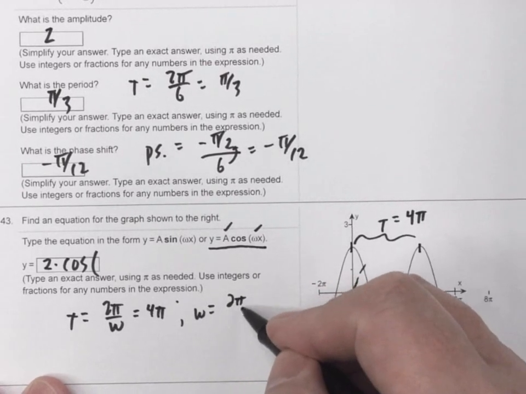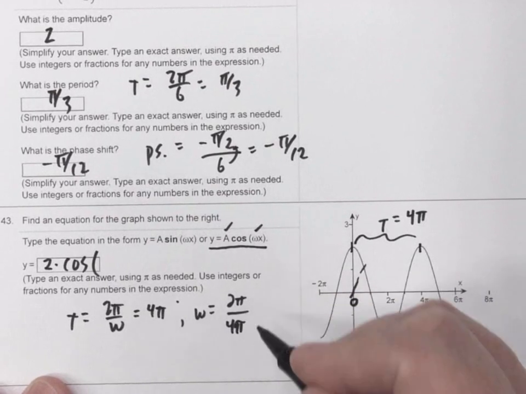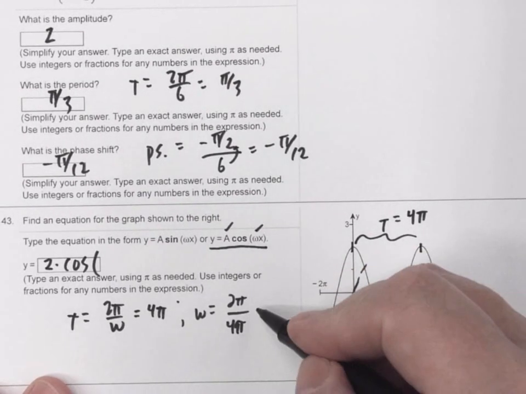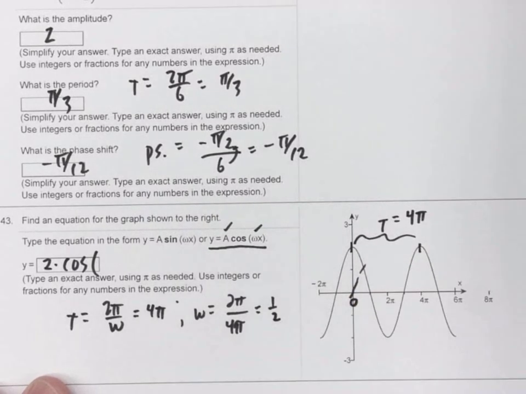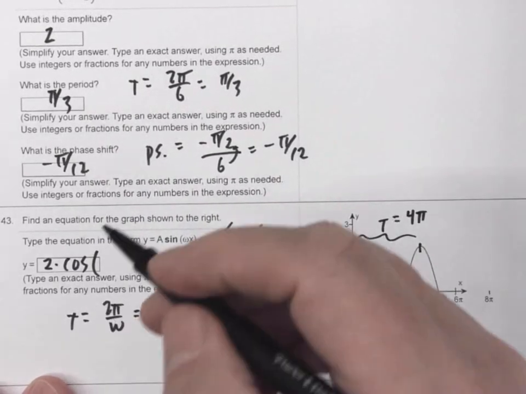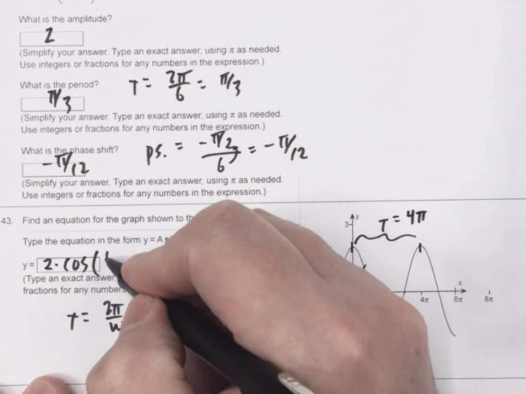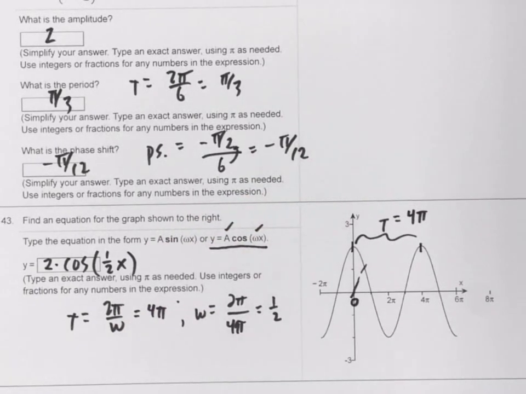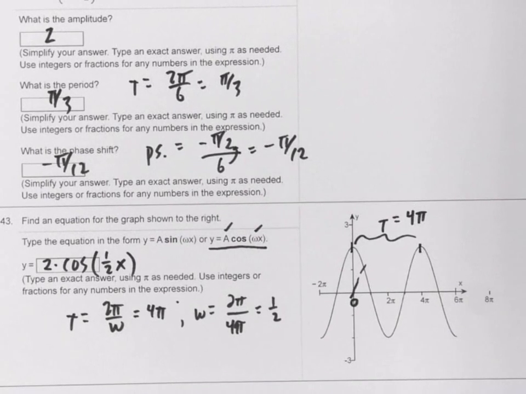When you do that, you do a little bit of algebra, you end up with omega was 2 pi over 4 pi. That's actually 1/2. So the equation for this cosine wave should be 2 times the cosine of 1/2 x.